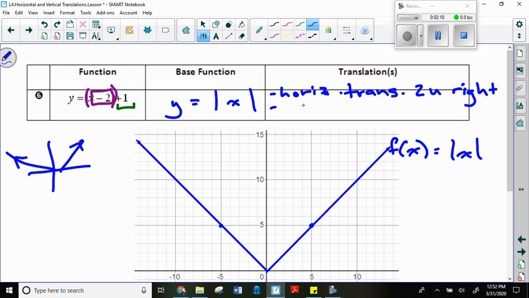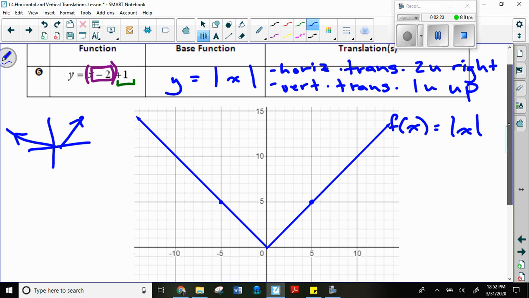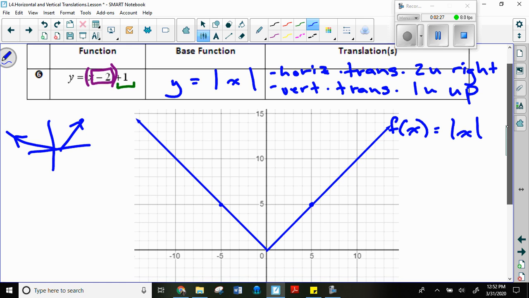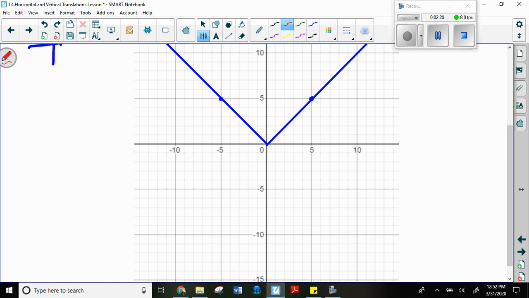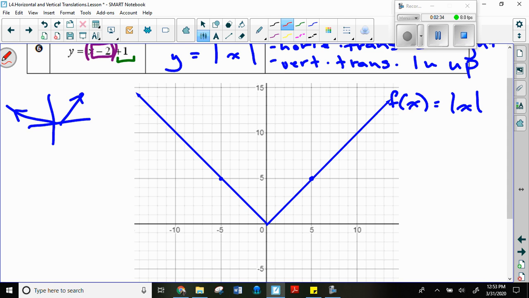And then our +1 would be a vertical translation 1 unit up. So we're going to take this graph. We are going to move every point 2 to the right and up 1. I know the base graph, so I don't have to take individual points and move them. That's kind of the bonus of knowing what the base graph is.